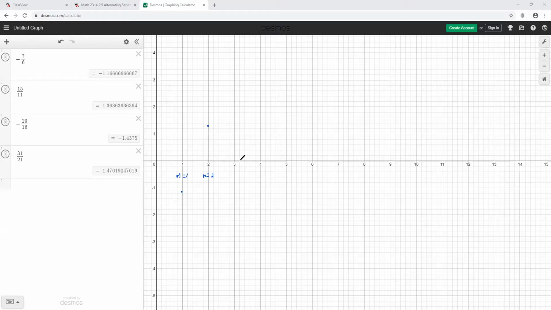The next term is negative 1.4375. That's when n equals 3. Negative 1.4, 1.2, 1.4, and a little more. So it's right in here somewhere.